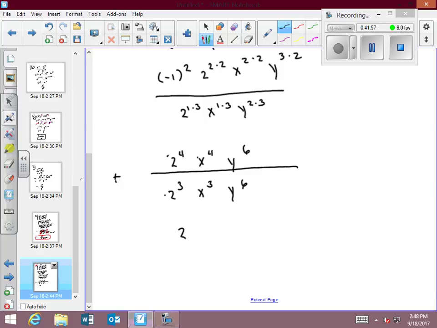Now, the x has a power of 4 in the numerator and a power of 3 in the denominator, larger in the numerator, so it's going to be x in the numerator. Y to the 6 over y to the 6 is what? 1, right? So here's our answer right there. Correct?